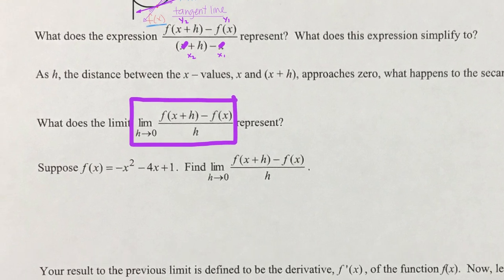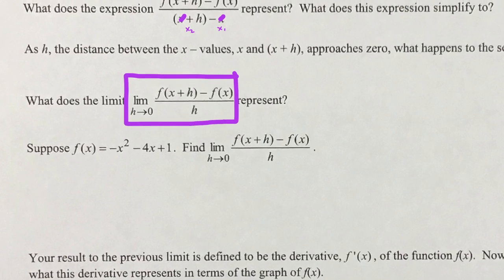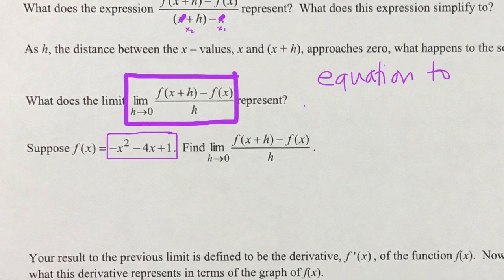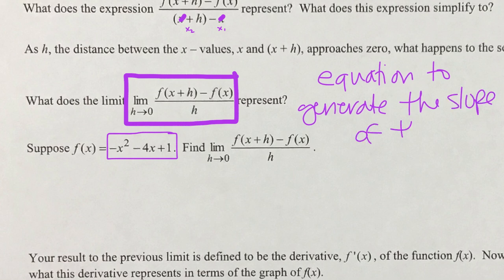So let's do that with this nice quadratic equation here, negative x squared minus 4x plus 1. This is the long way of finding the equation to calculate the slope of the tangent line.